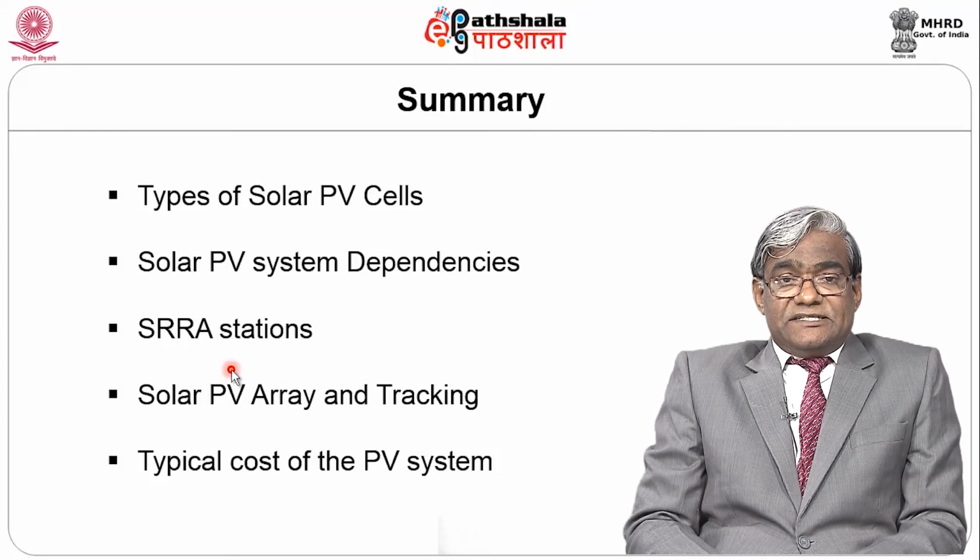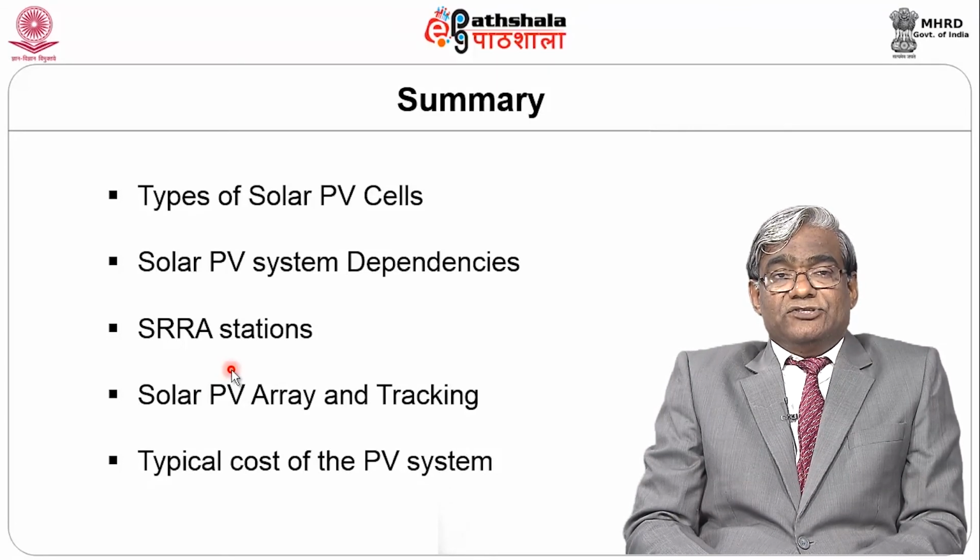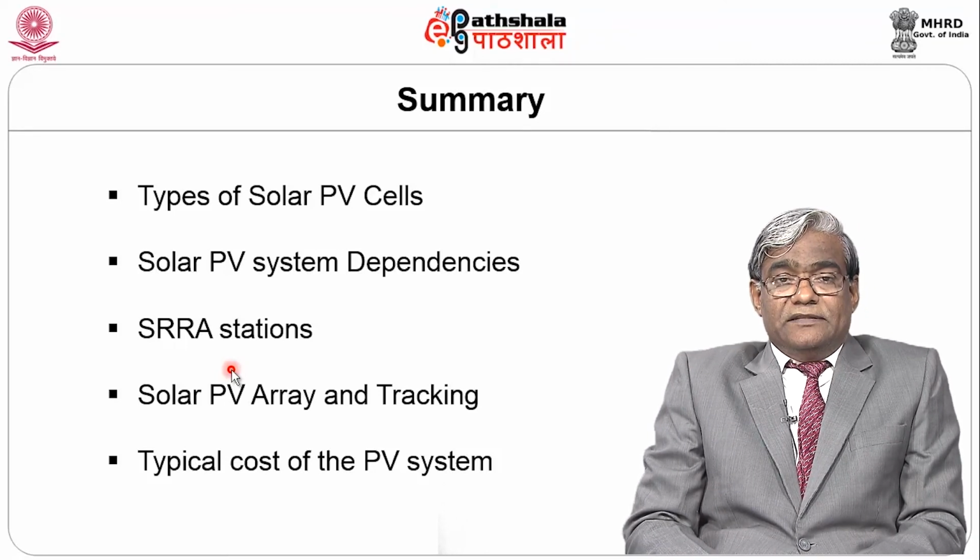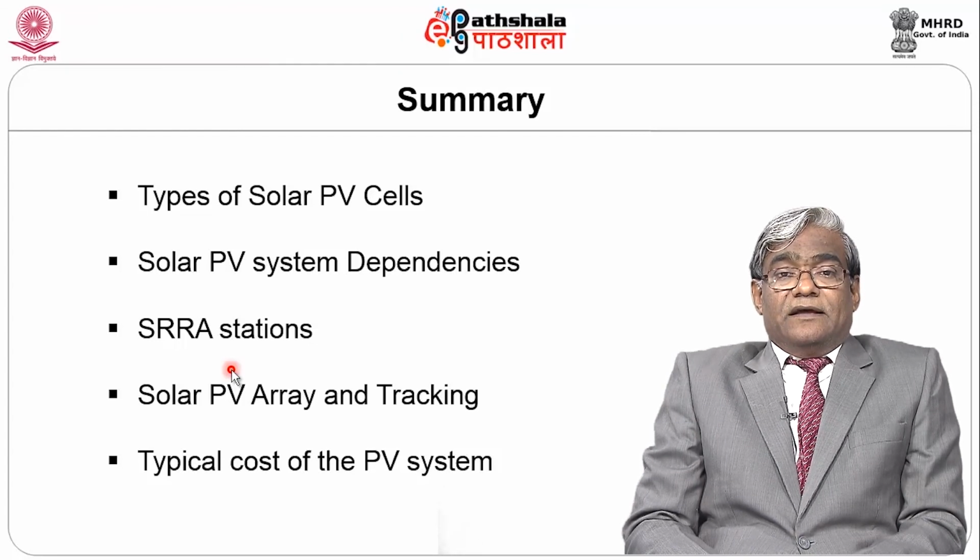And then we discussed the solar PV array and tracking. By single axis tracking or double axis tracking, we can definitely improve the performance of the system, instead of a fixed system. And then we have seen the typical cost of the PV system. The PV module cost is decreasing year by year.